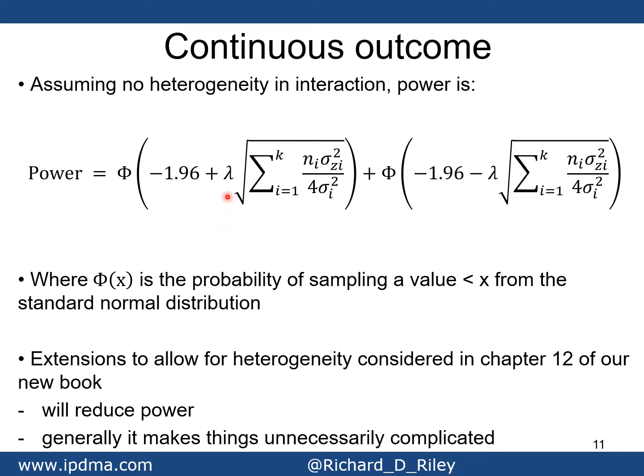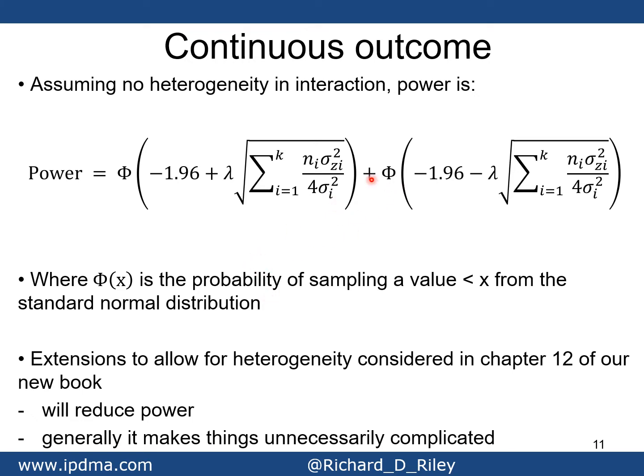So if we're willing to specify what we think a minimally important value of the interaction is, and this could be based on discussions with clinical colleagues, and we can pre-specify our sample sizes, our variance of the covariate and our residual variances, then we're in business. We can work out the power.